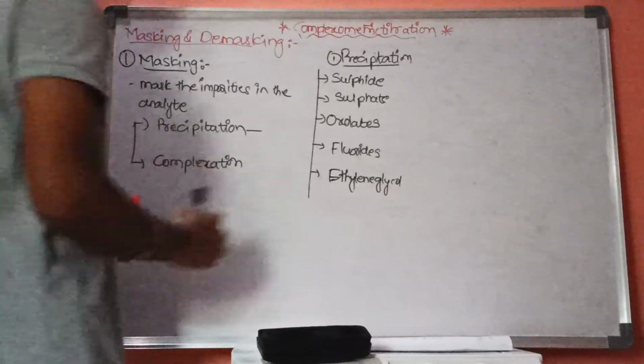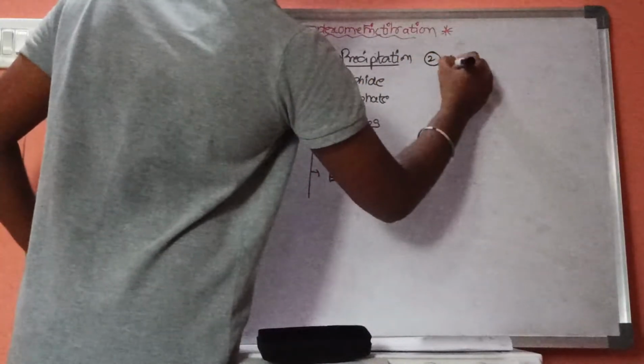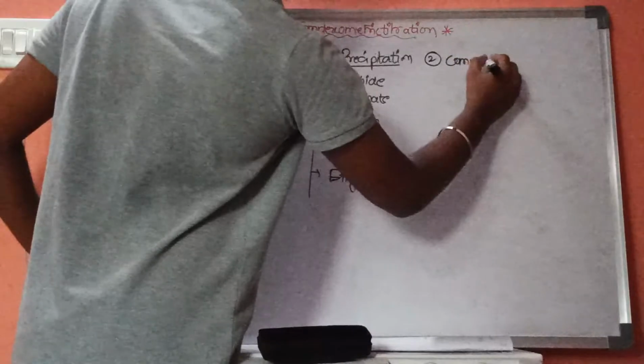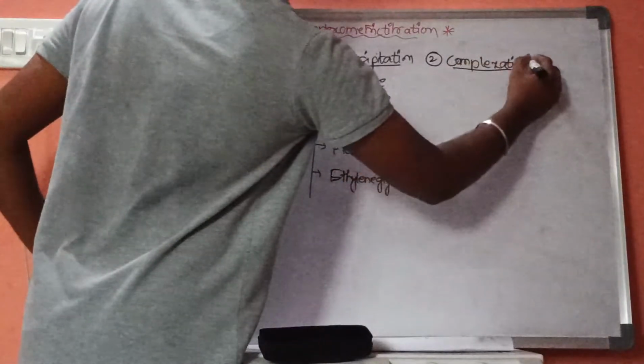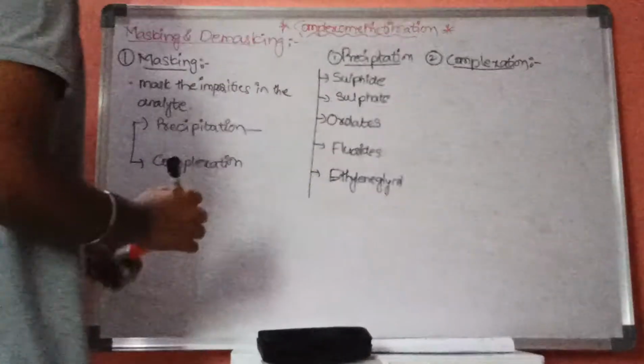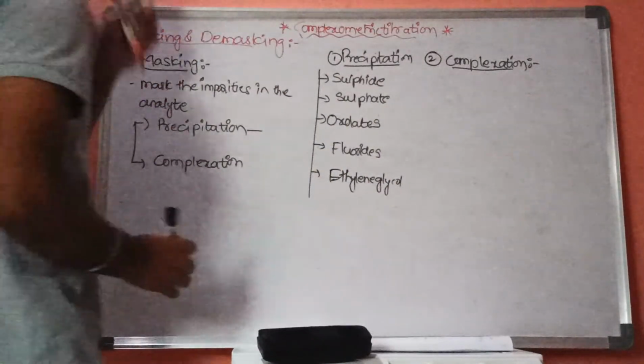Coming to the complexation method, we use different kinds of masking agents.